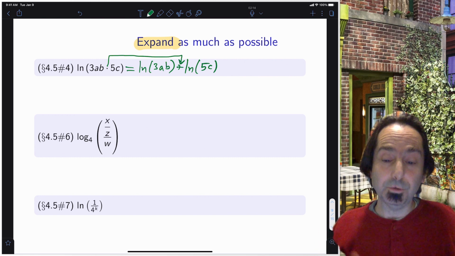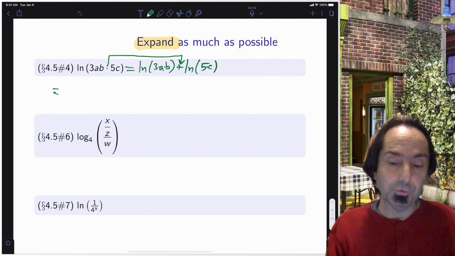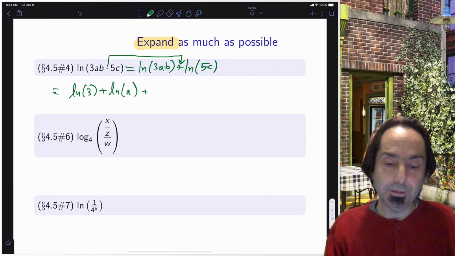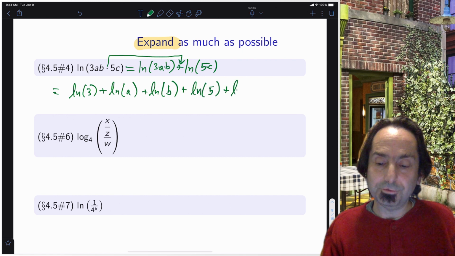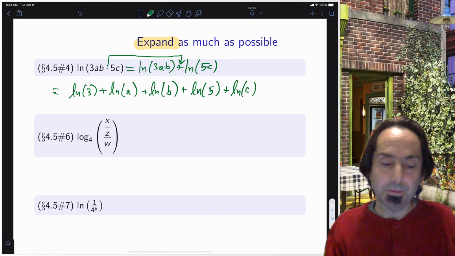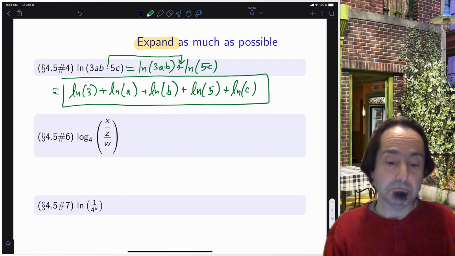It turns a product into a sum. But there's more products. There's actually 3 times a times b and then 5 times c. And so I can expand more. This is the natural log of 3 plus the natural log of a plus the natural log of b plus the natural log of 5 plus the natural log of c. And that is quite expanded.